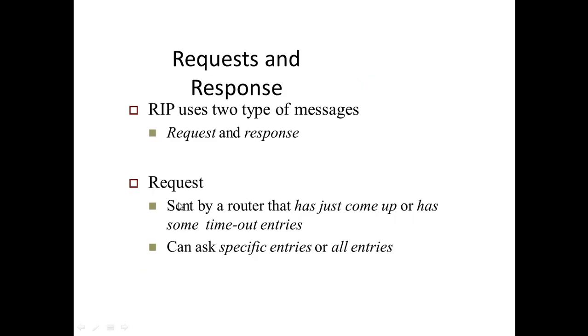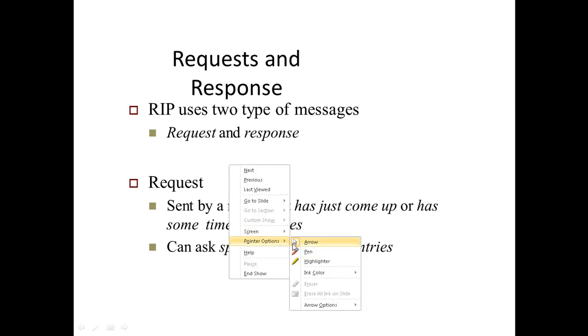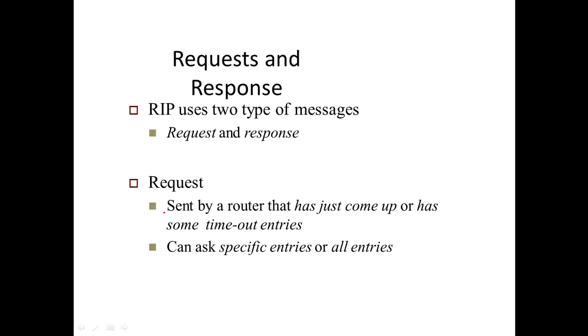So there are two kinds of messages. The first one is request, the second one is response. A request is sent when a router wants to have some information about an entry, and it can ask for specific entries or all the entries. If you want to know about some specific entries, it can ask that router. Or if it wants the information of all the entries of a specific router or device, it can ask that router for all its information.